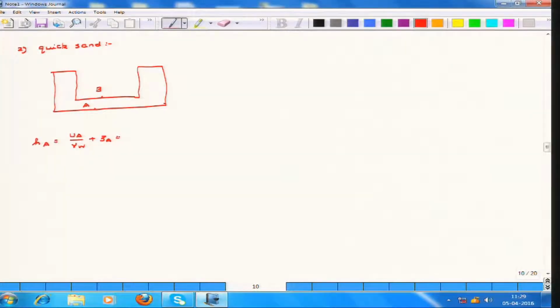Of course, ZA is 0, because this is the datum. At point A we consider H minus D, because D is the depth of the water table from the top of the clay layer and H is the entire length of the clay layer. So H minus D into gamma W is the pressure at this point, divided by gamma W, and ZA is 0. So this is equivalent to H minus D.